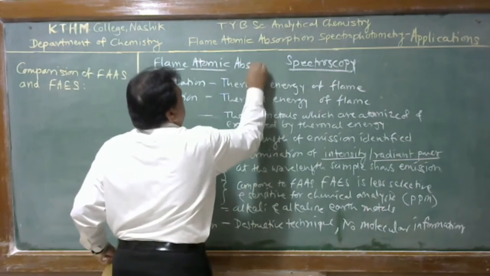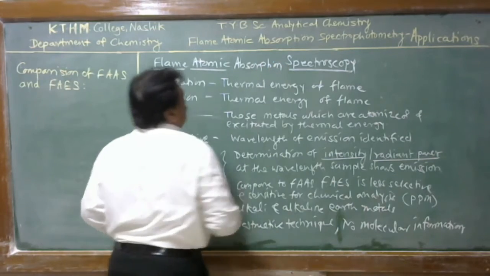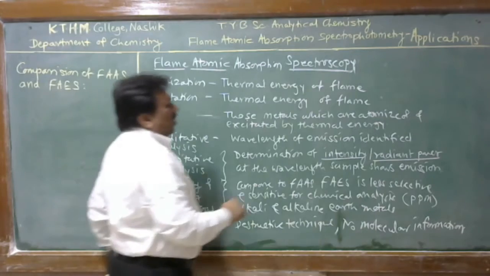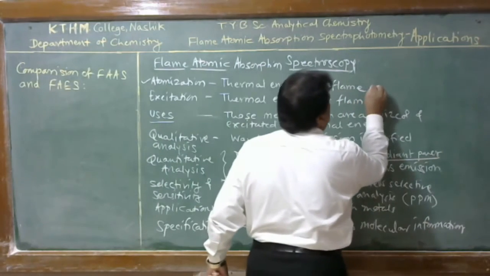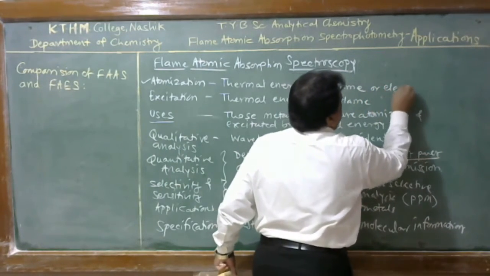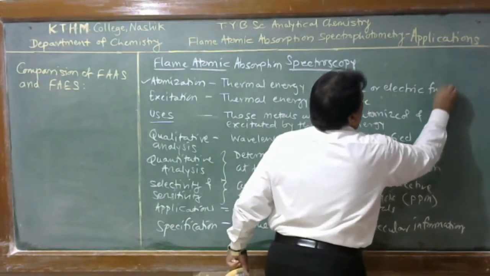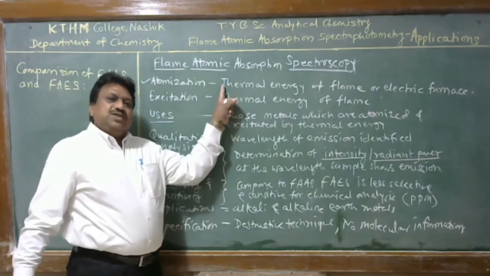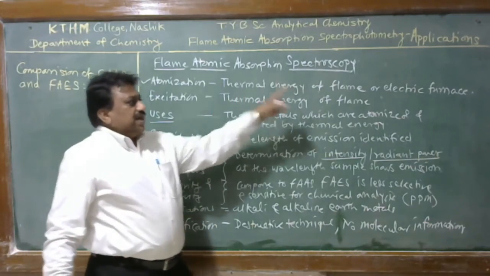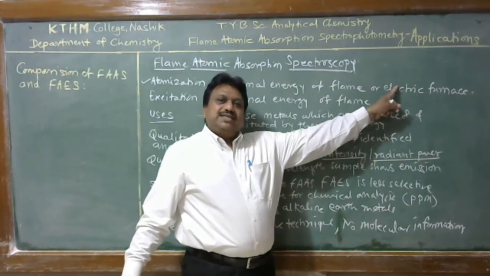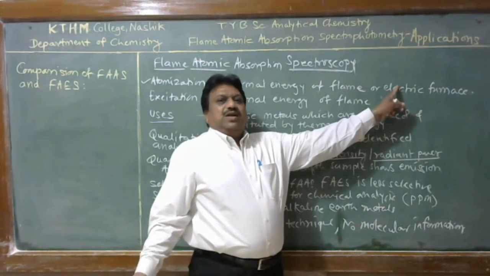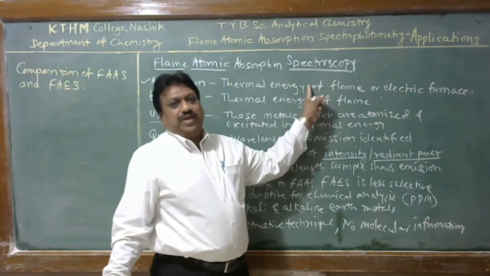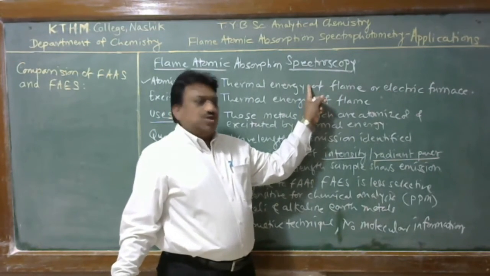Flame atomic absorption spectroscopy is one in which atomization is carried out by the thermal energy of the flame or by an electric furnace. Therefore, if the flame temperature is not sufficient to atomize a particular sample, then the sample is externally atomized in an electric furnace, and the atomic vapors of that sample are then introduced into the flame for measurement of their absorbance.